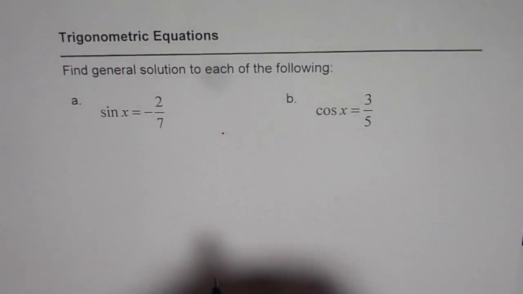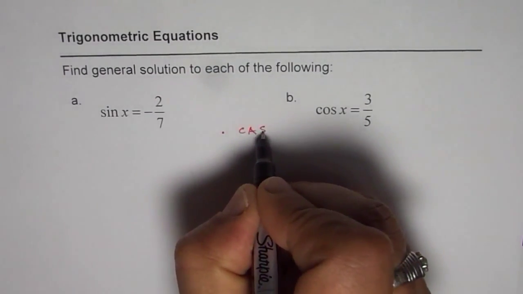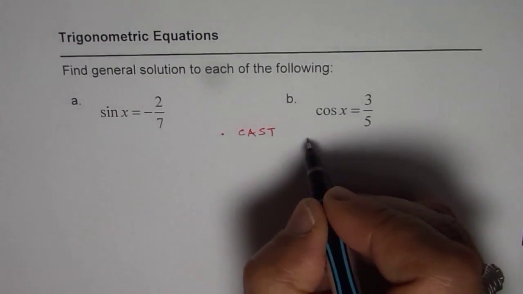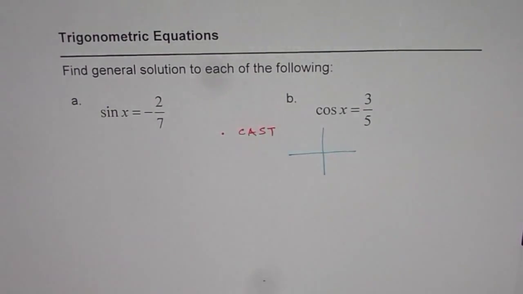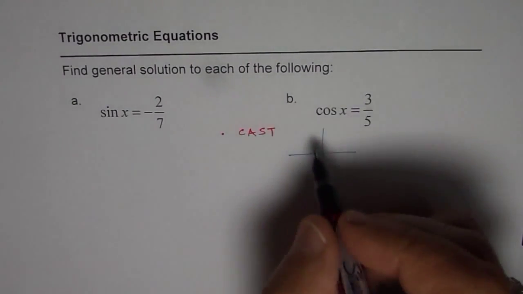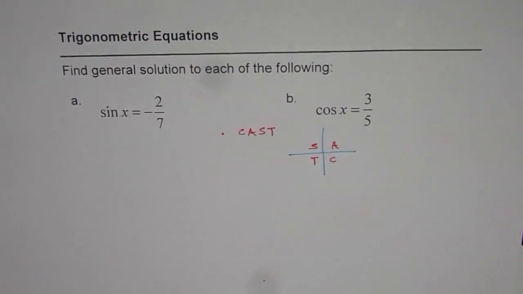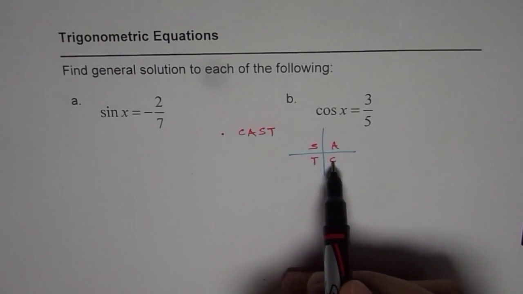The first step for us is to analyze. We analyze using the CAST rule to figure out when sine will be negative. This is the CAST rule. You can write CAST. Some of us working in other places say the same rule as "All Silver Teacups."